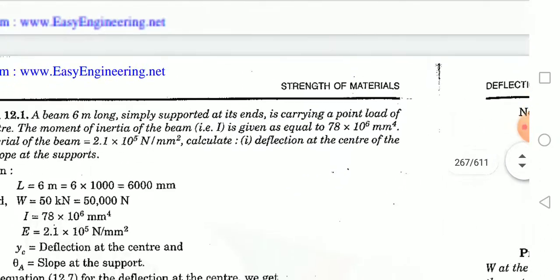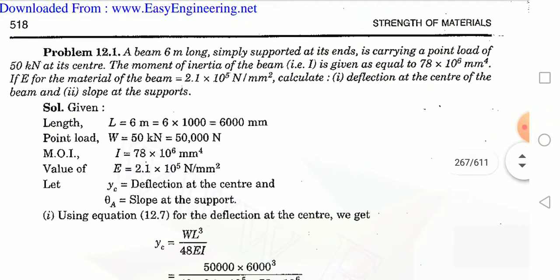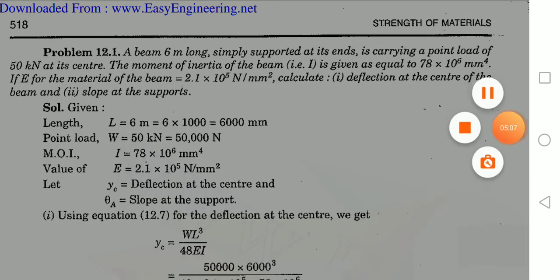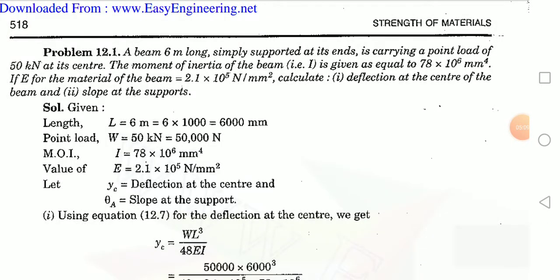So let us go into a simple problem. A beam 6 meter long, simply supported at its ends, is carrying a point load of 50 kilonewton at its center.